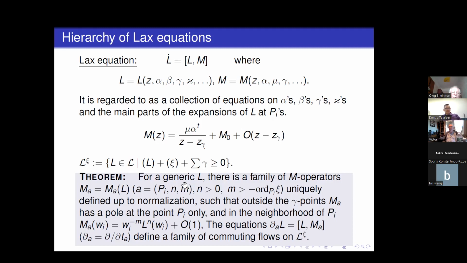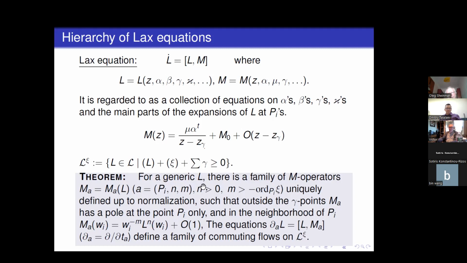In order to really obtain an equation here, we must relate L and M some way, and they are related by the following theorem.